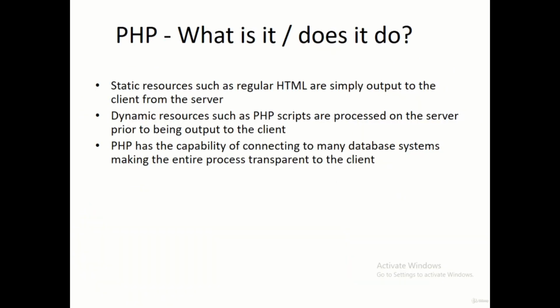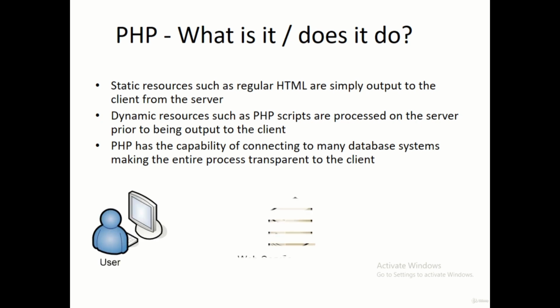What is it and what does it do? Static resources such as regular HTML are simply output to the client from the server. Dynamic resources such as a PHP script are processed on the server prior to being output to the client. PHP has the capability to connect to many database systems, making the entire process transparent to the clients. On one side the user is present and a web server handles this activity.